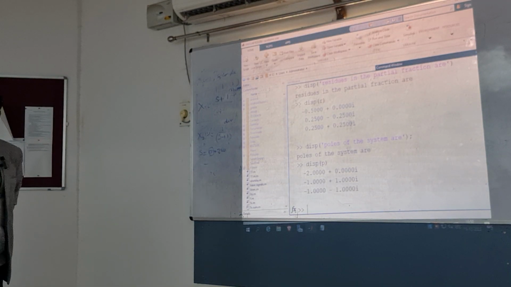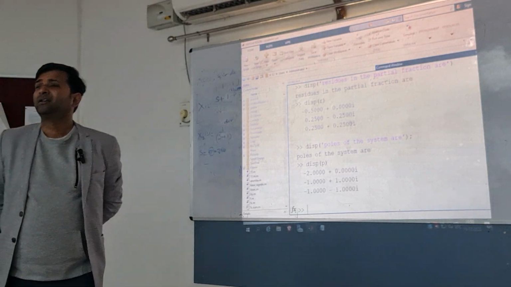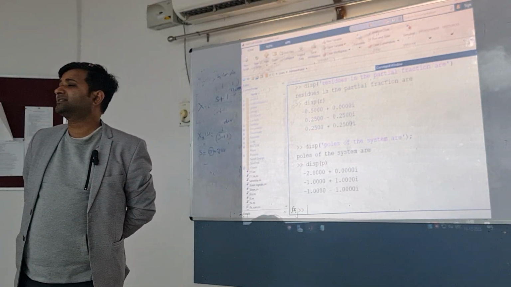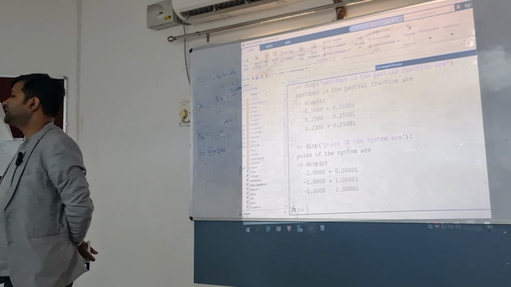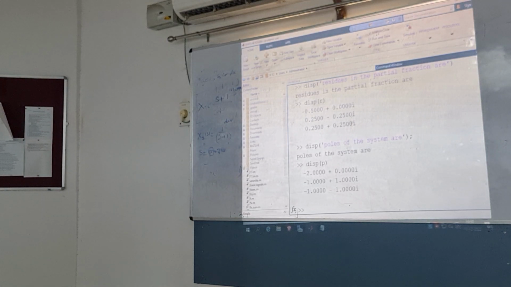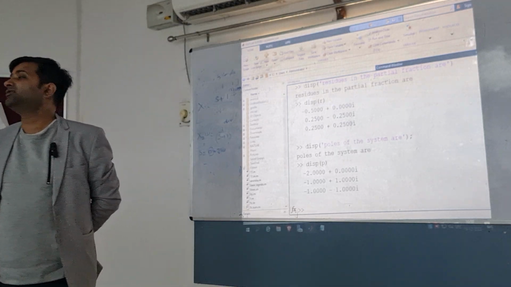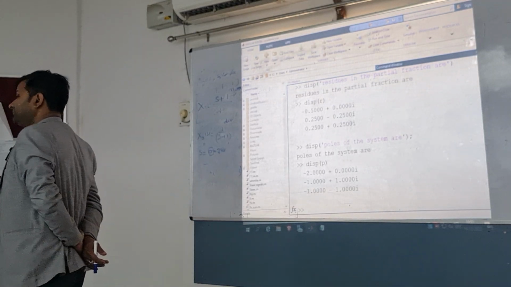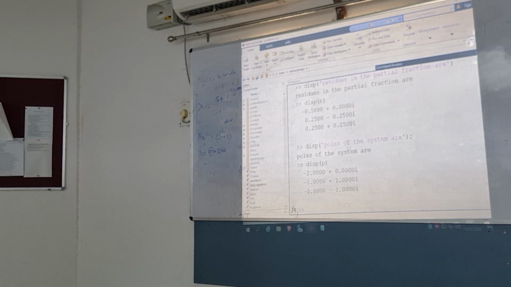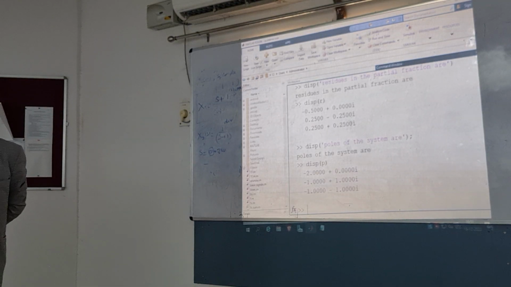This is the simplest way to find out the inverse transform of the given system by partial fraction expansion method. Simply find out the partial fraction in mathematics class. Simply find out the coefficient a1, a2, a3 and solve it. Then you put it and you find the inverse Laplace transform of the given expansion.